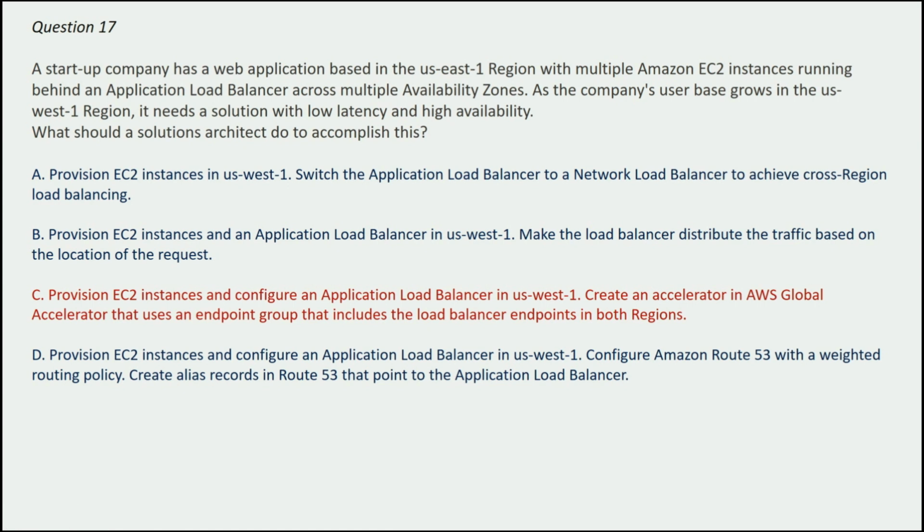Because AWS Global Accelerator provides you with a set of static IP addresses that can map to multiple application endpoints across AWS regions to improve redundancy. And what is the requirement here? Basically, endpoints should be across 2 regions. So due to this reason, we are using AWS Global Accelerator here. So option C will be the correct answer here.